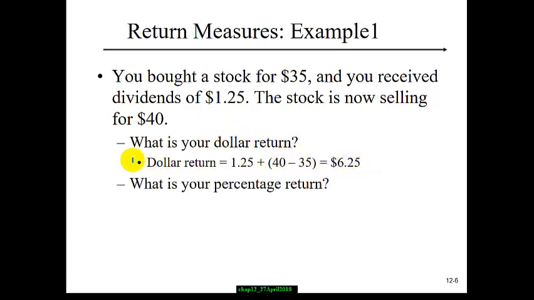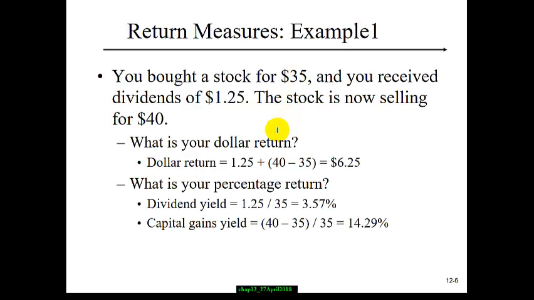The percentage return is the $6.25 divided by the initial purchase price, which is $35. The dividend yield and capital gain yield are $1.25 over 35 and $5 over 35.